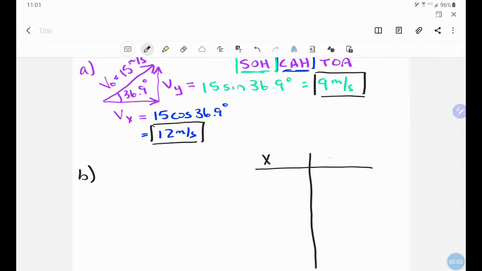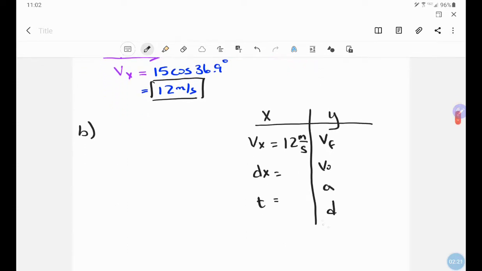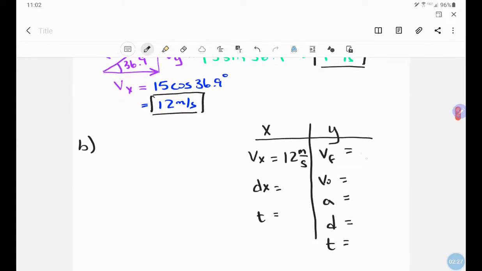So here's X, here's Y, here's Vx, dx, and t. Vx is 12. In Y, I have final, initial, acceleration, displacement, and time. Initial velocity in Y we found was 9.